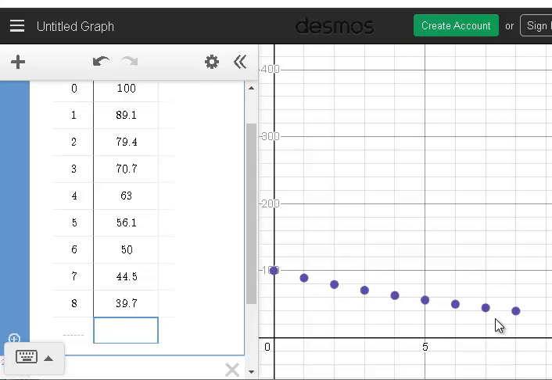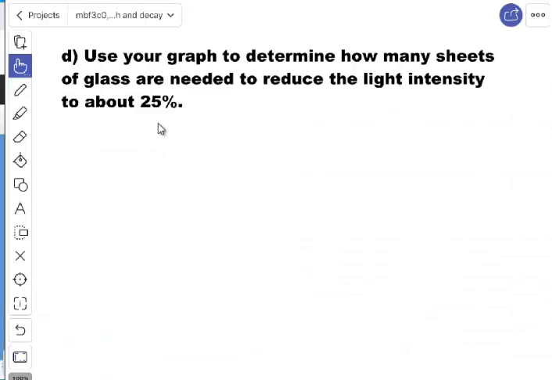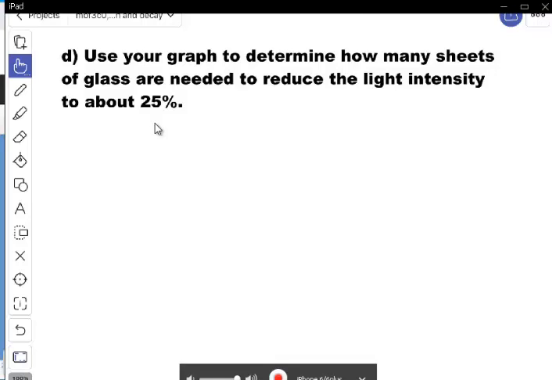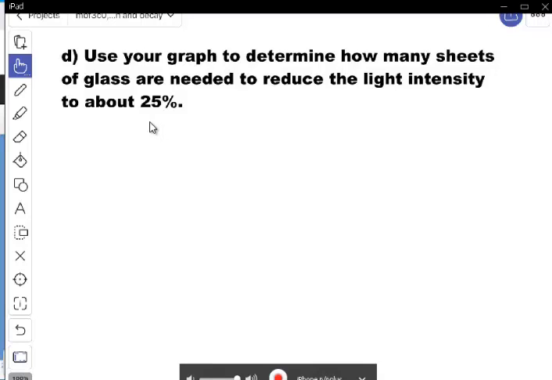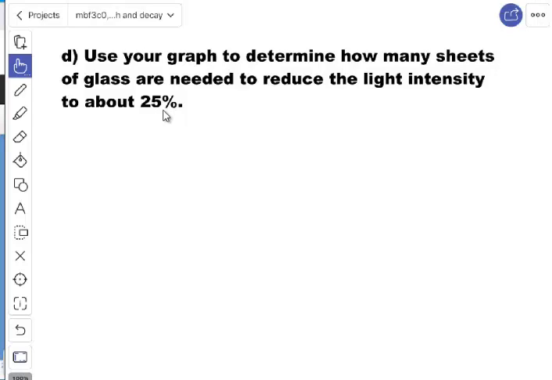And you can see that this just resembles an exponential decay. The next part of the question says, use your graph to determine how many sheets of glass are needed to reduce the light intensity to about 25%. The way we do it is that we are going to go back to Desmos, and since the y-axis represents the percentage of the light which is going to pass through, we have to draw the line y equal to 25 and then look at the point of intersection.